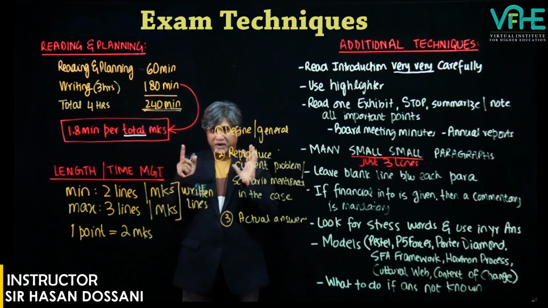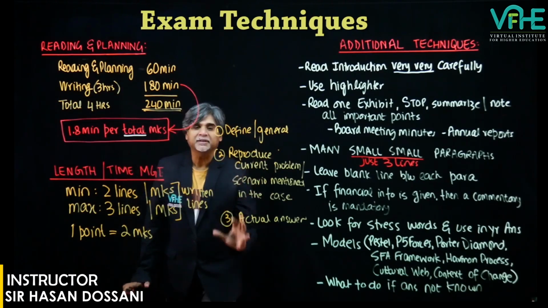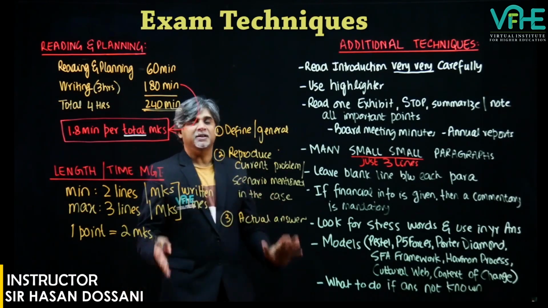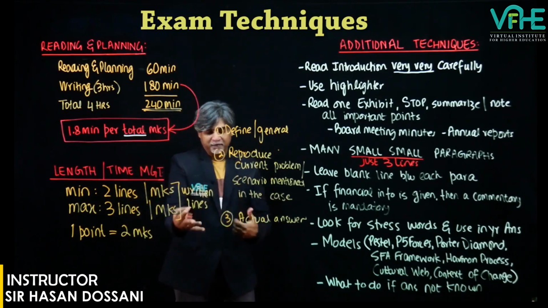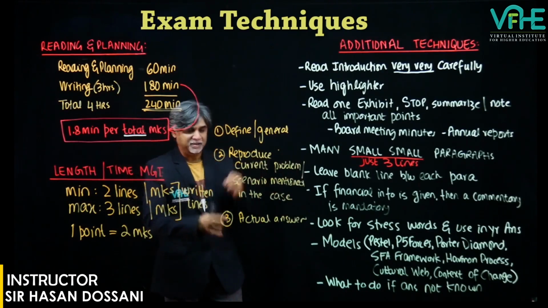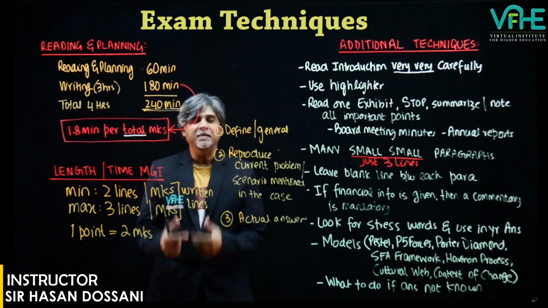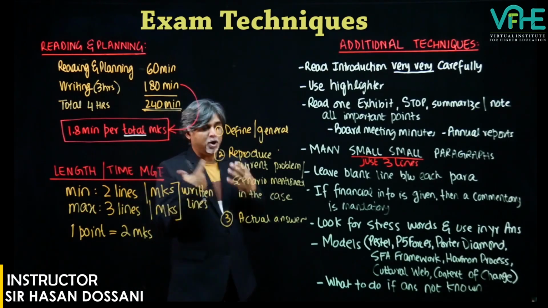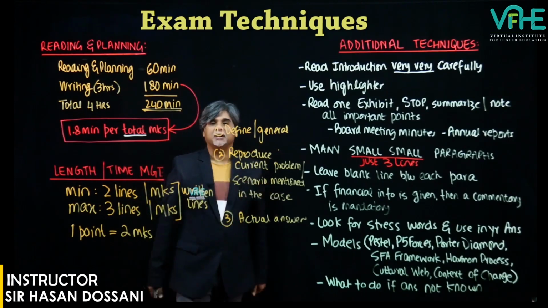Okay, but when you do all this, what's the biggest risk? The biggest risk is you will overrun the time, because when you don't know something and you're trying to give a perfect answer, you start putting this and this and this, and suddenly before you realize you have overrun the time, and because it's 18 marks, you want to give it your best shot and you end up spending extra time.